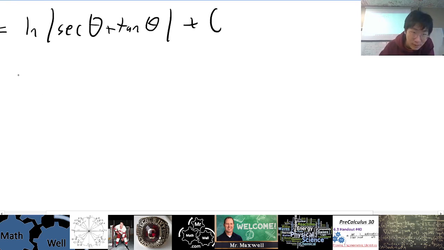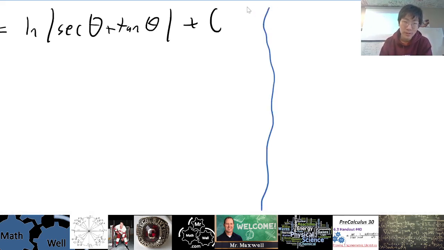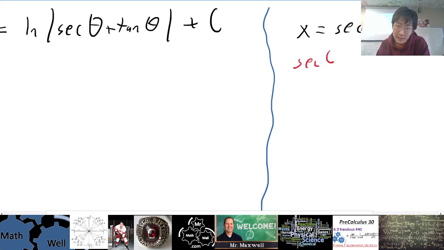I'm going to keep working. All right, so ln of the absolute value of secant theta plus tan theta plus c. And again, we're going to follow the same pattern we did with our other ones, where we remember that our substitution was x equals secant theta. Secant theta is actually going to be hypotenuse over adjacent, right?